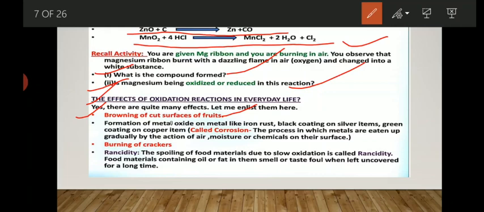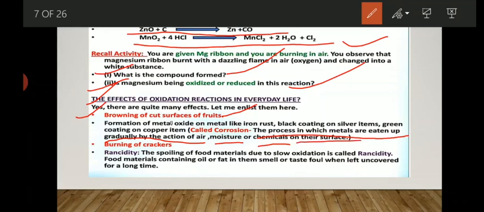Whenever metals come in contact with these things, they undergo an oxidation process and immediately their color changes. That type of change is known as corrosion. So we can define corrosion as the process in which metals are eaten up gradually by the action of air, moisture and chemicals on the surface.